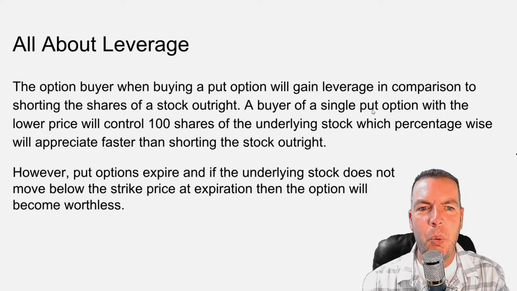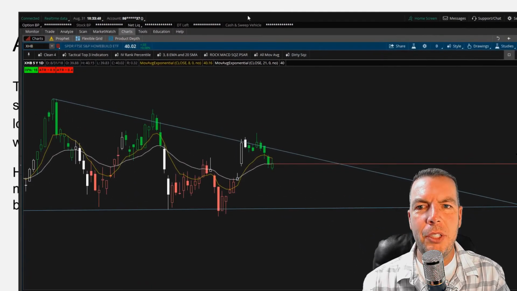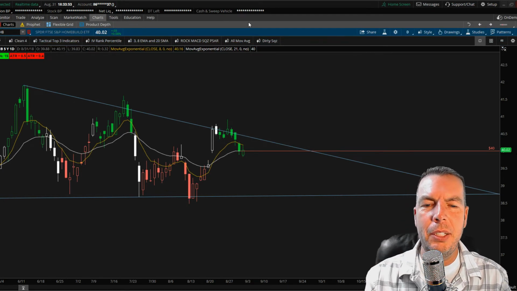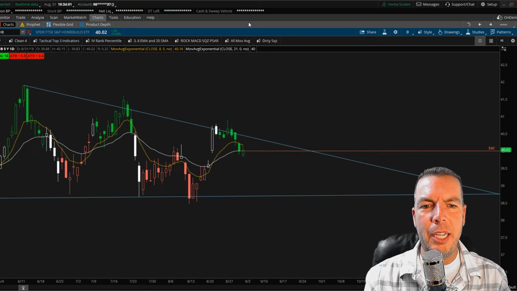All right, guys, I wanted to show you a stock chart here just so we can put this in action. I have a stock chart here of XHB. When I bring this up, I want to point out I'm not recommending trading XHB. I'm just using this for educational purposes only.